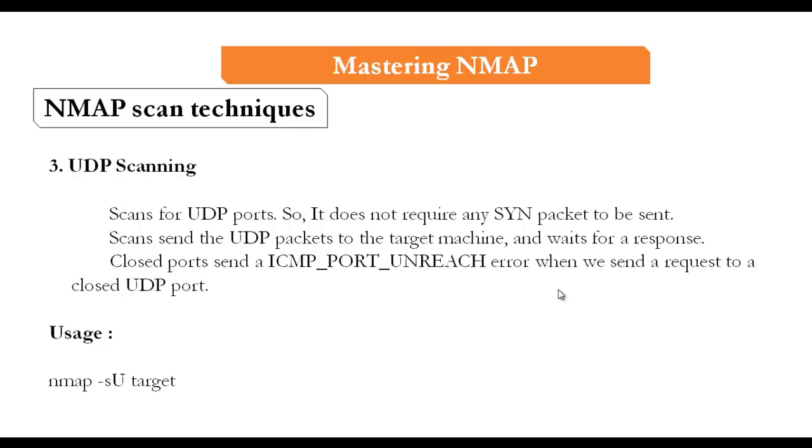It works by sending UDP packets to the target machine and waiting for a response. If the port is closed, it will send an ICMP unreachable error, so the scan decides that the port is closed. If it gets a positive response, then it decides that the port is open.